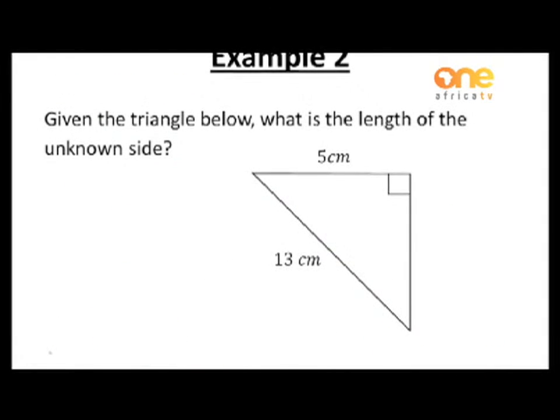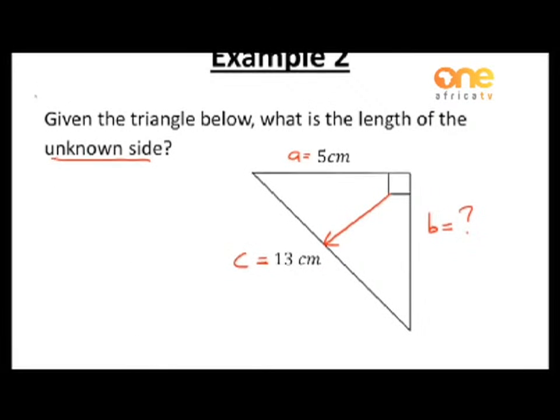Let us look at another example. So given the triangle below, what is the length of the unknown side? So firstly, we identify the hypotenuse as the side opposite the right angle. So C equals 13. So we have A equals 5 and B equals question mark, because we don't know what B equals. It's unknown and we wish to find it.